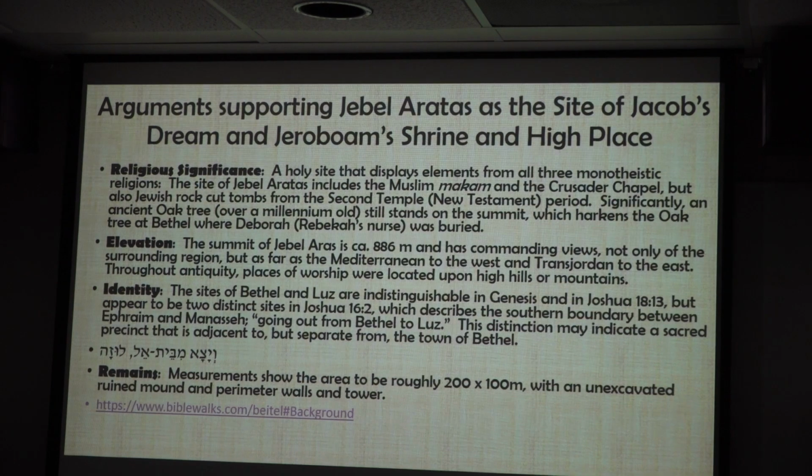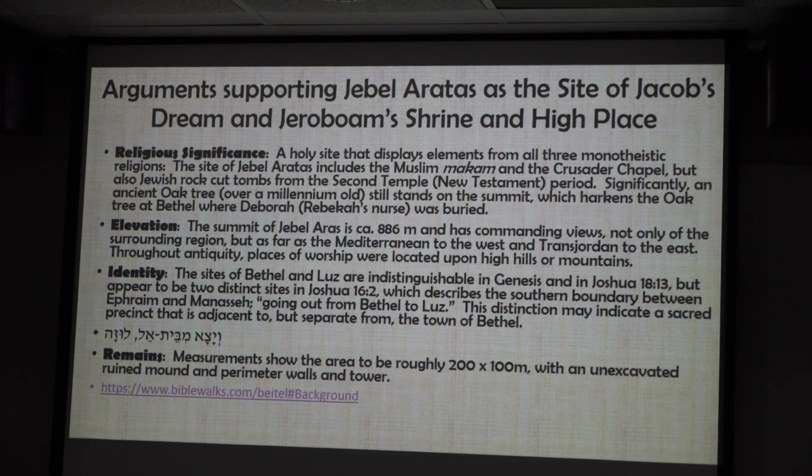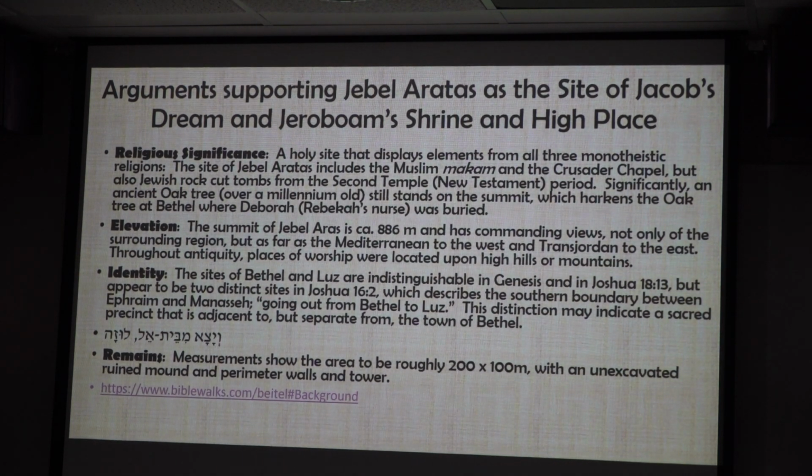Okay, to sum this up, you've got two sites here. You've got Beitin, which was the ancient town of Bethel, and then Jebel Aratus, the mountain of Aratus, just to the north. Could this be the site of Luz? That's clearly a possibility here.